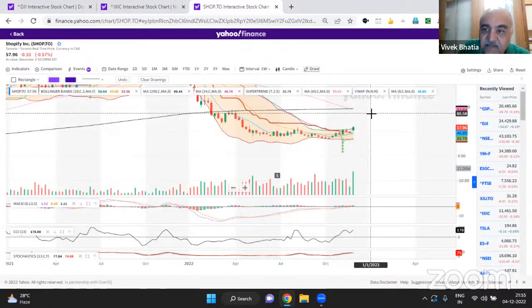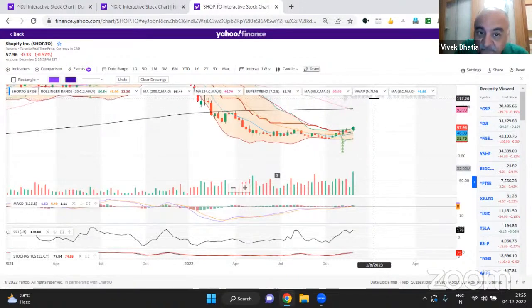Thereafter, next target is $86. Now you will move fast. First target 66, next target 85, 86. Thereafter 170. But that is long-term holding.